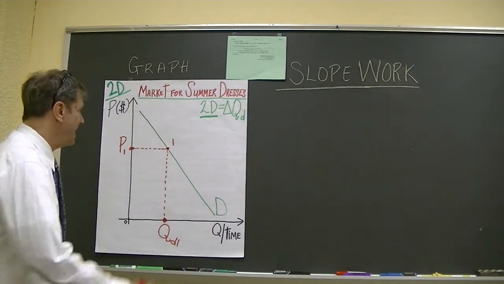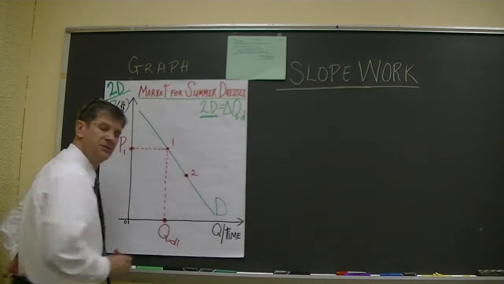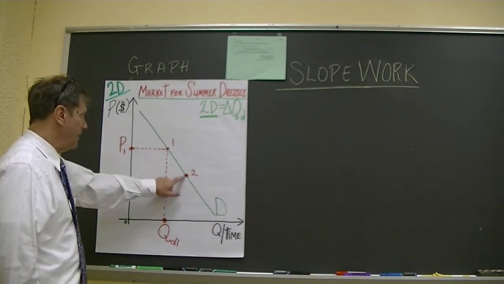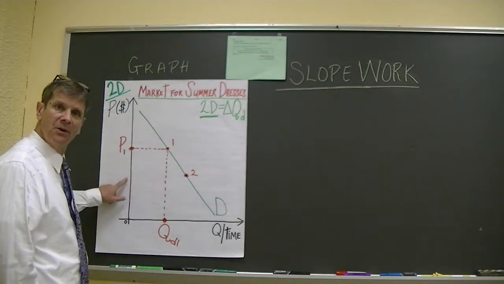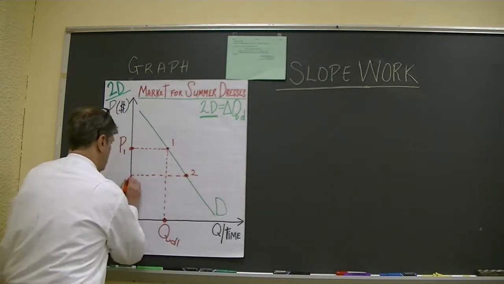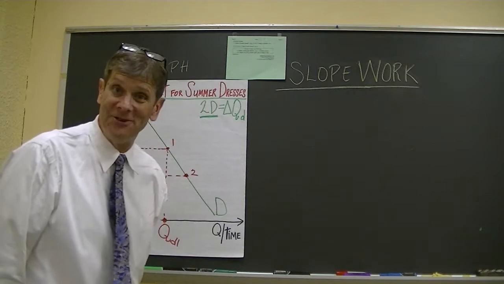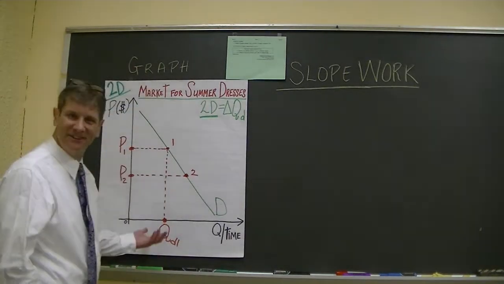Okay? Now, what if I pick a second point and just call that point 2? What do you think the perpendicular going over to the price is going to be? Well, why don't we just call it P2? And then the quantity would be what?